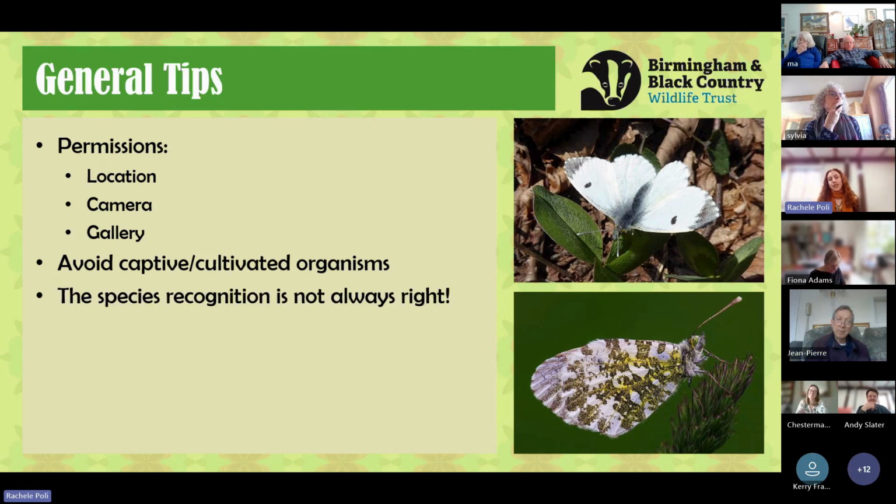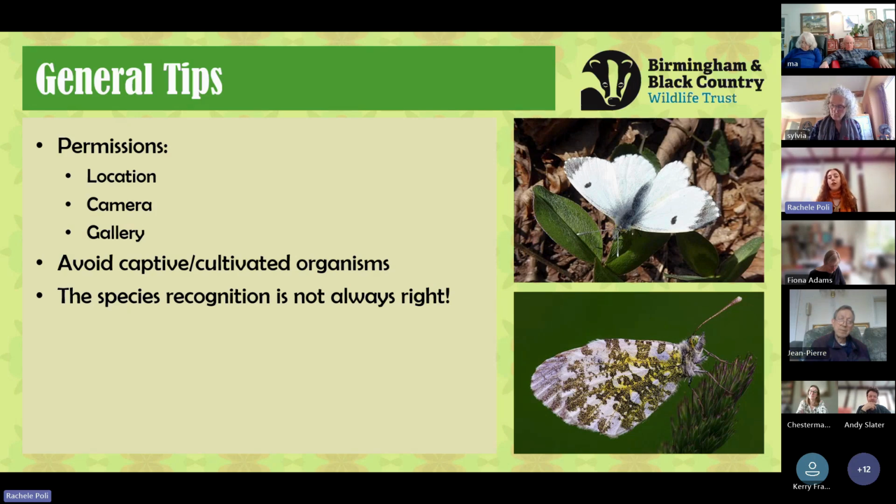A really important thing to remember is that the species recognition tool is not always right. It will always try and give you suggestions, but you do not have to pick the top suggestion. If you're not sure what something is, the best thing to do is just to record it at a lower level, like even plant or bird, because other users on iNaturalist might know immediately what you've recorded.